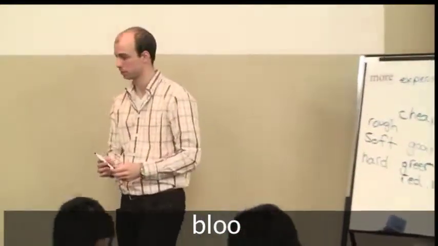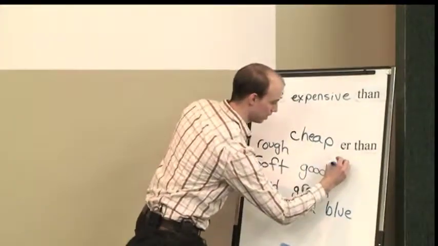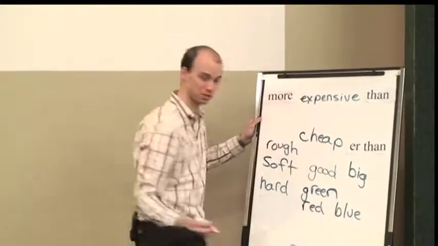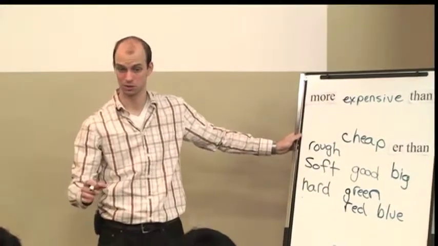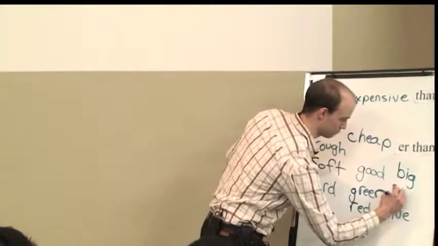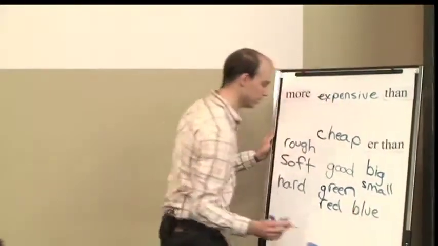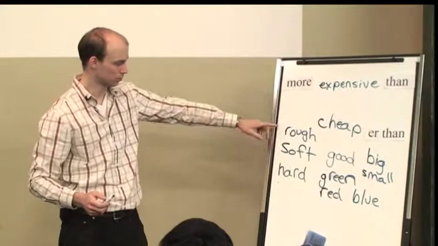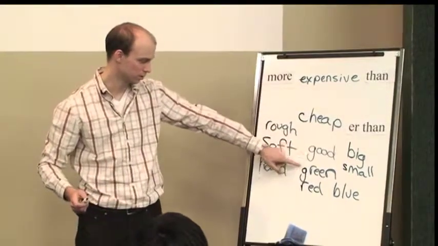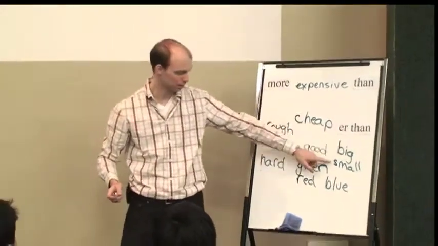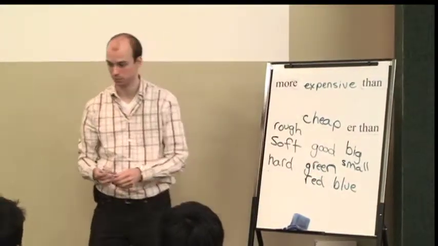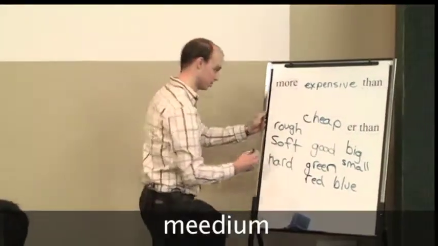What about size? What size is this? It's big. And we've got small. Good. So we've got rough, soft, hard, good, green, red, big, small, blue. Medium. That's a good one.